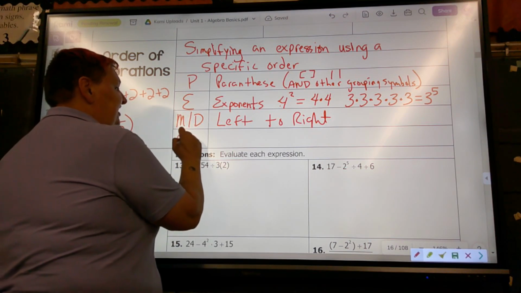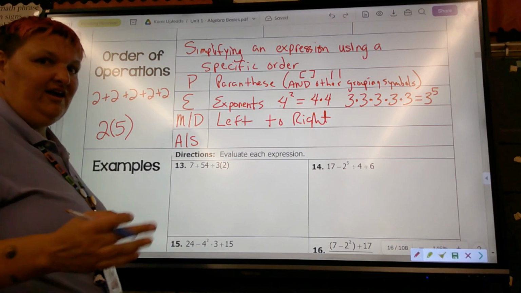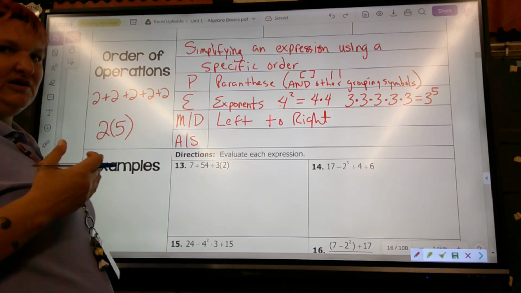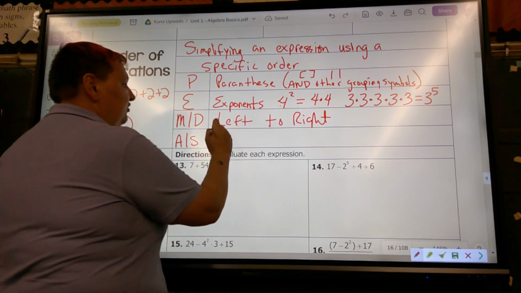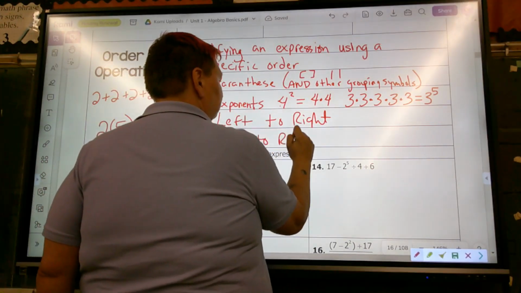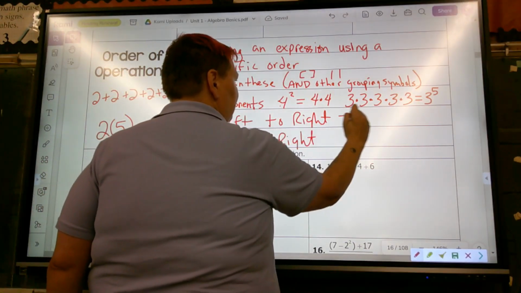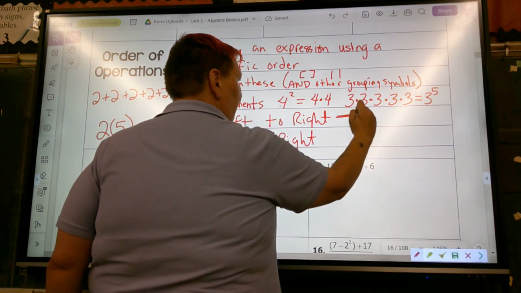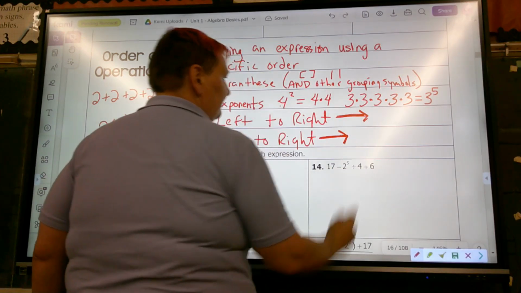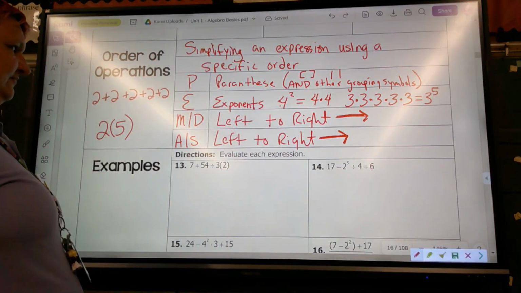Same with addition and subtraction. They are on the same level. Addition and subtraction are equal. So, you go left to right. Right? Left to right. Good?